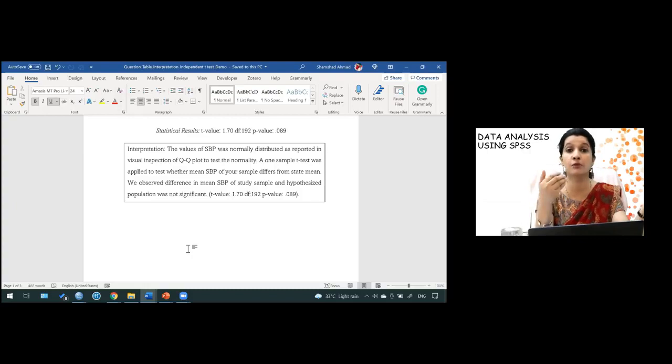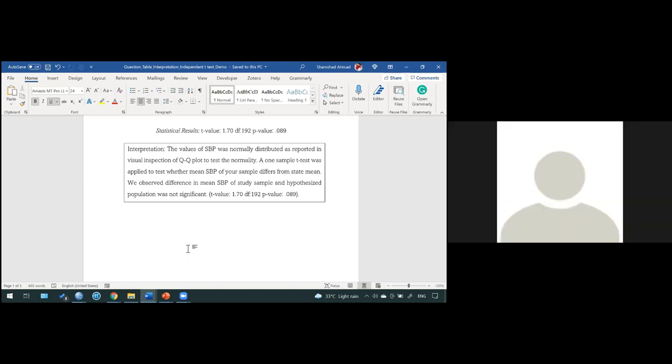If your sample is more than 50, you plot this QQ plot by the explore option, and if the data lies along that diagonal line, then it is normally distributed. This is the only way to assess the normality. And in normality, we assess a group of samples, not a single unit.